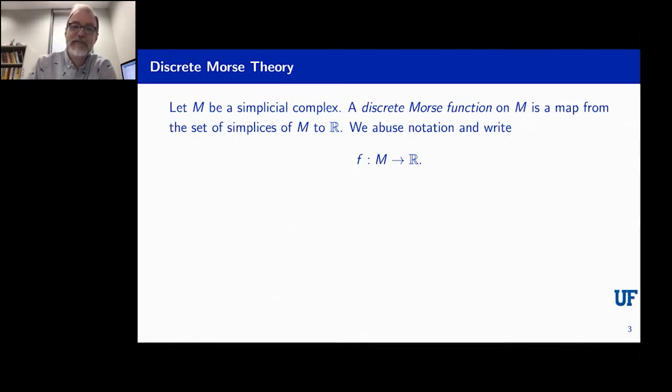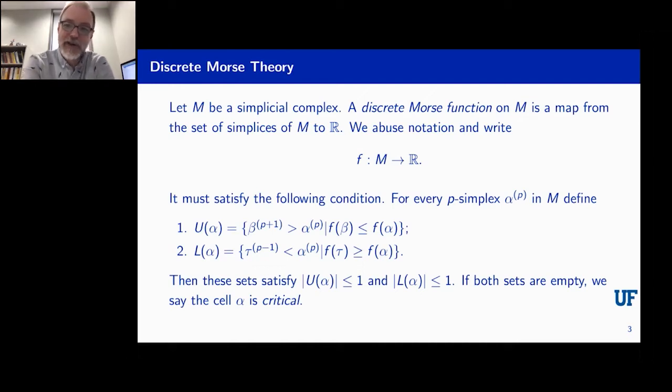A number is attached to each simplex, and it's not arbitrary. It has to satisfy a couple of conditions. I'm introducing this notation so that when I do something later, you'll understand where it came from. For every p-simplex alpha, I've got two sets. U of alpha is the set of cofaces, the p plus 1 simplices that contain alpha, where the function value goes down.